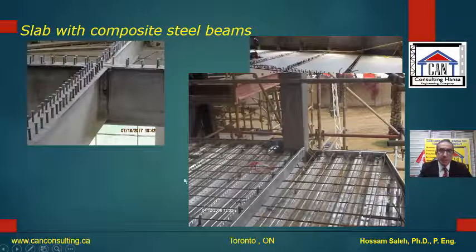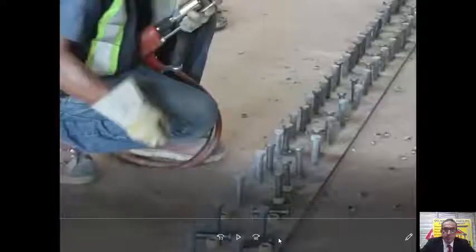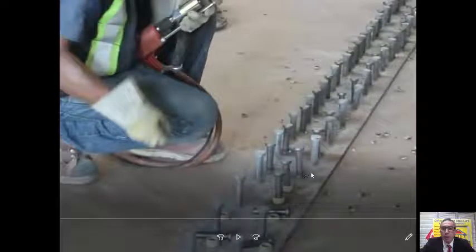I like this system using the composite steel deck. It's very beneficial. Now let's see the video of installing these steel studs. In this video you will see how they install or weld the shear studs to the steel beams.